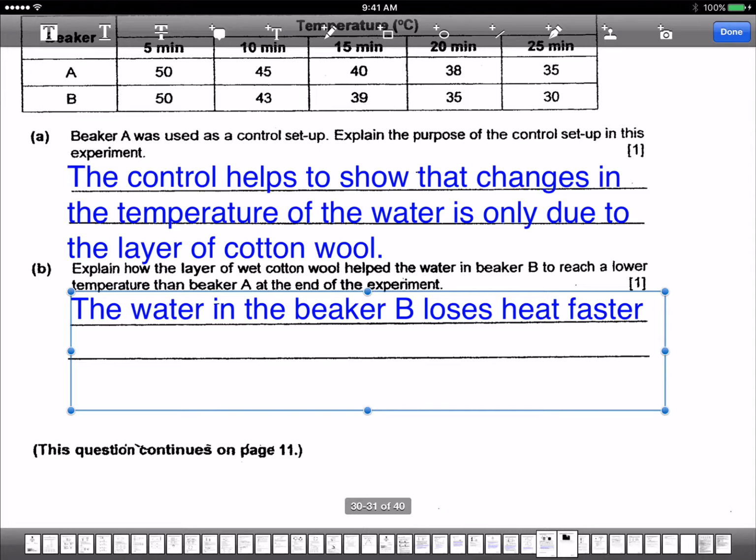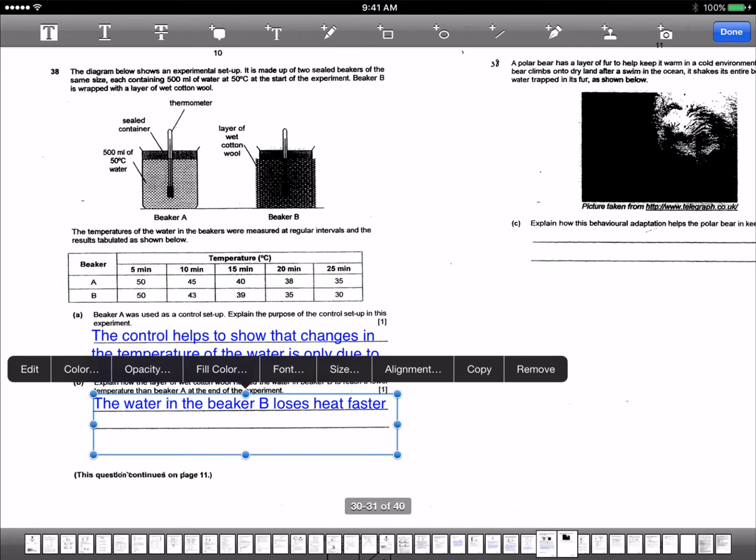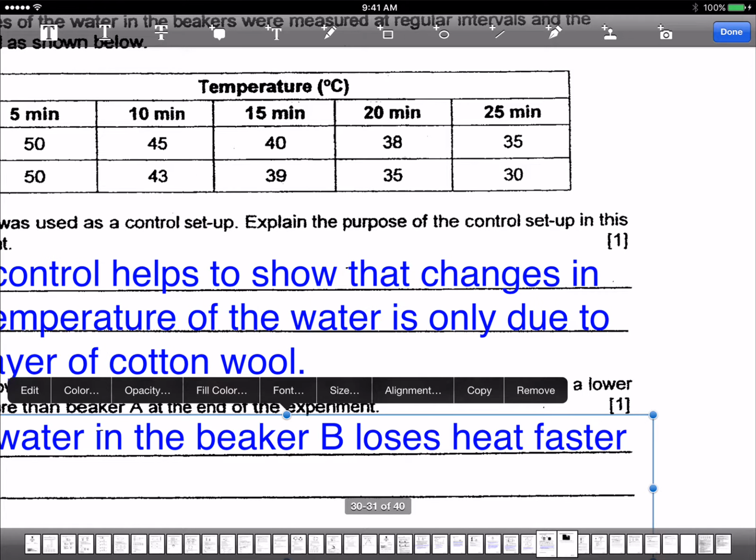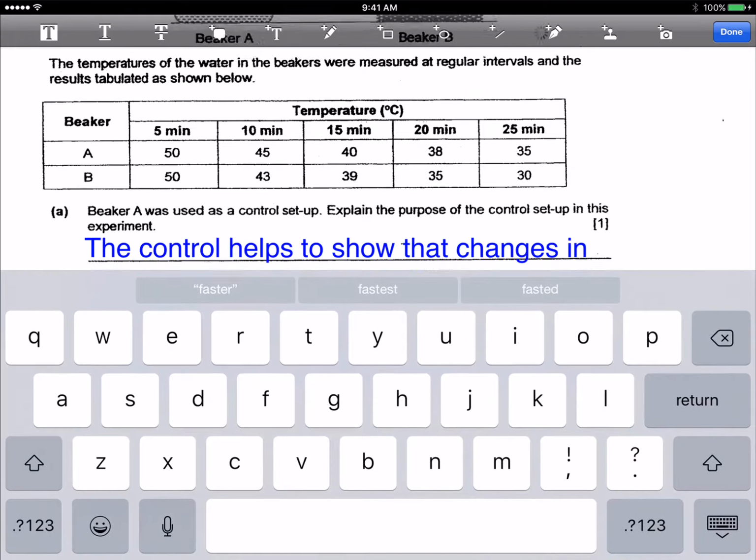Wait, let me look at C first. Okay, never mind. So we have to explain everything here because C is a different question.